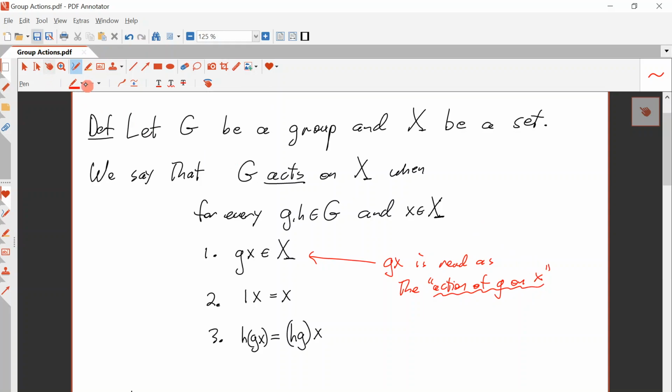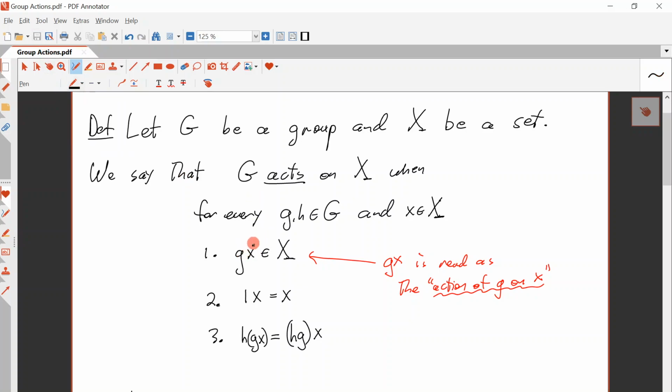Abstractly, that's what it's read as. Or you can say like g of x. It's not group multiplication, although it can be. It's the action of g on x. And you'll see examples of what I mean in a moment.